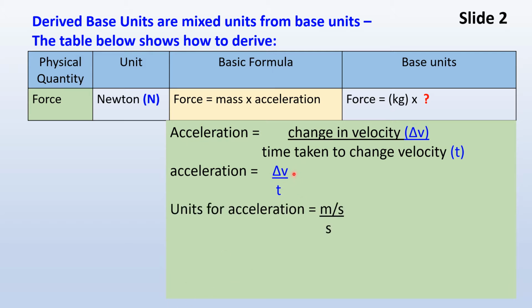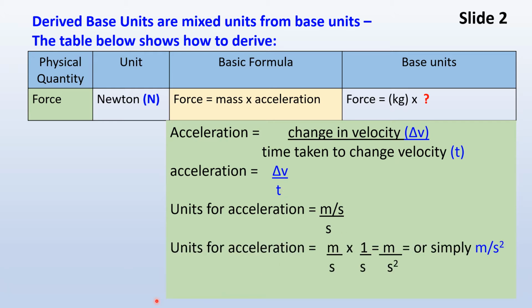Now what is the unit for velocity? It is meter per second. And what is the unit for time? It is second. So expand into fraction format. Meters per second is meter over second. And the second here is on the denominator, so I use this fraction to show that this s is on the denominator.